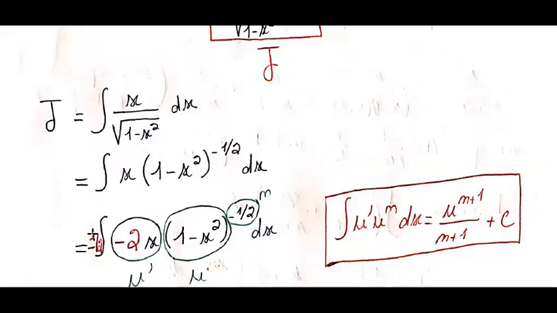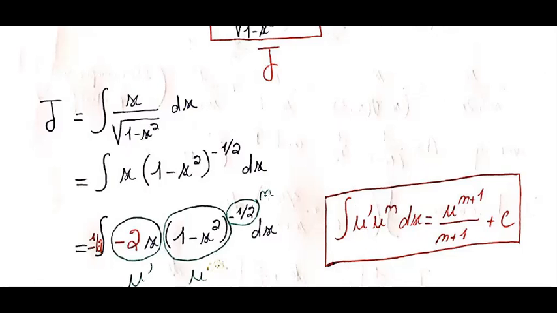It's as if I'm multiplying by 1, which wouldn't change anything in the integral. So now I have minus half times the integral of minus 2x times 1 minus x squared to the power minus half, which is the form u prime u to the power n.